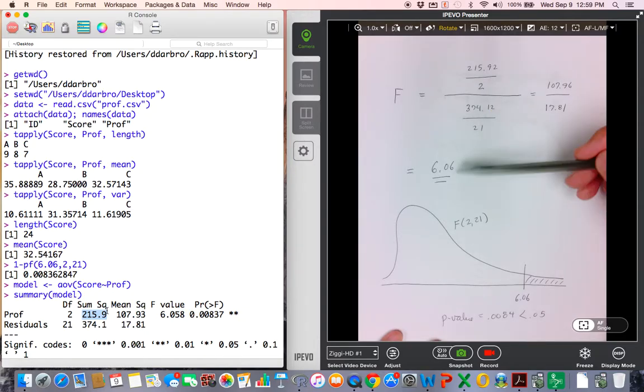Now, guys, this whole ANOVA approach and regression approach all meet out there someplace in what we call a general linear model, but we'll get into that a little bit more. So the 107.96 is the mean square for the factor. The 17.81 is the mean square for the error or residual. And of course 6.06 gives a p-value of 0.0084, which is statistically significant at the 0.01 level.